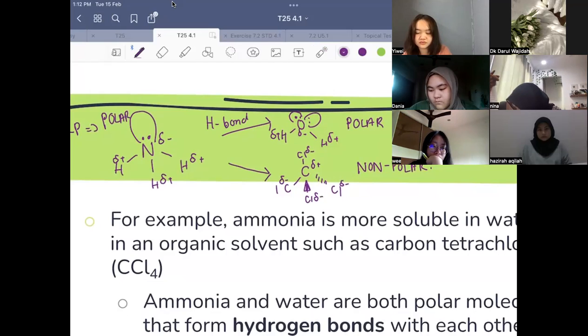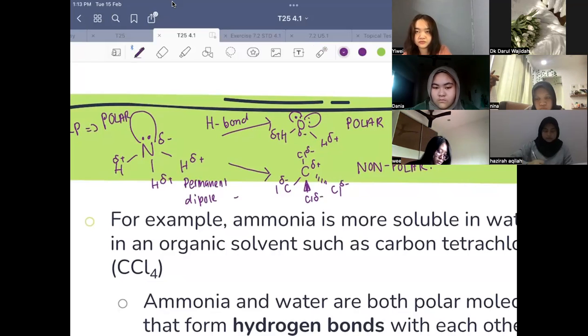Whereas ammonia, which is polar, and CCl4, which is nonpolar. Usually a polar molecule, if you remember, would have a permanent dipole, for the ammonia. But since CCl4 is nonpolar, and usually nonpolar is instantaneous dipole, induced dipole.